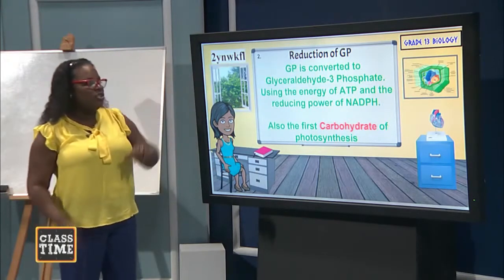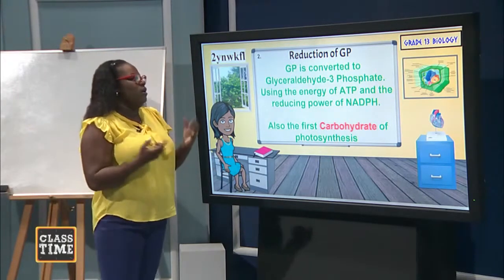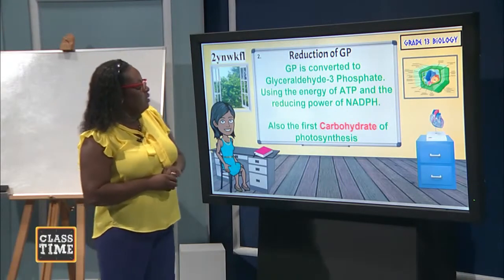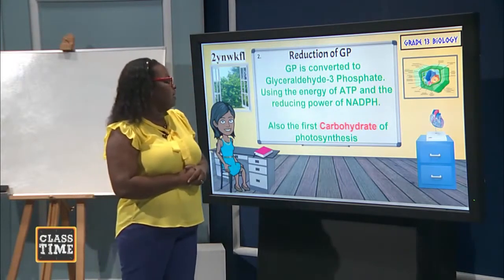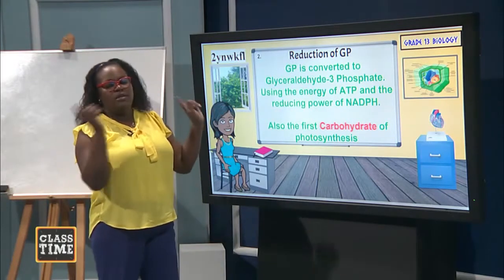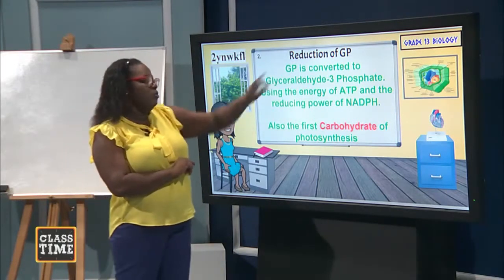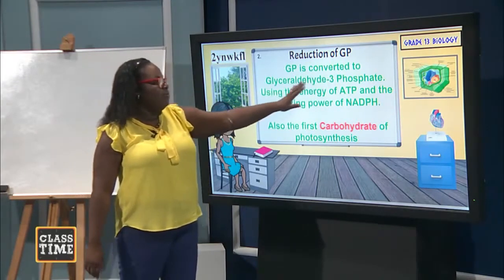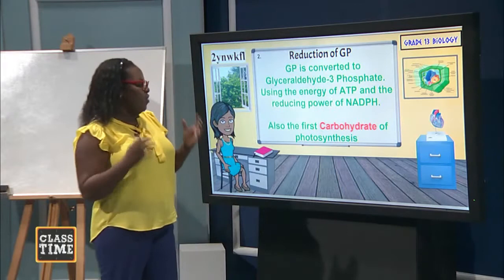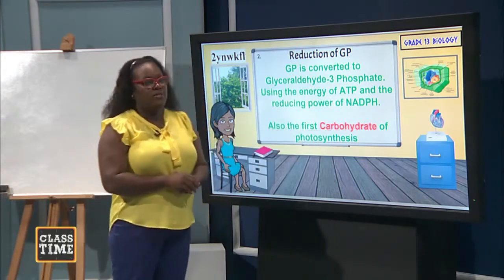Then we have reduction of the GP, or the phosphoglyceric acid. Sometimes we call it GP because depending on the book you read, you're going to see GP.